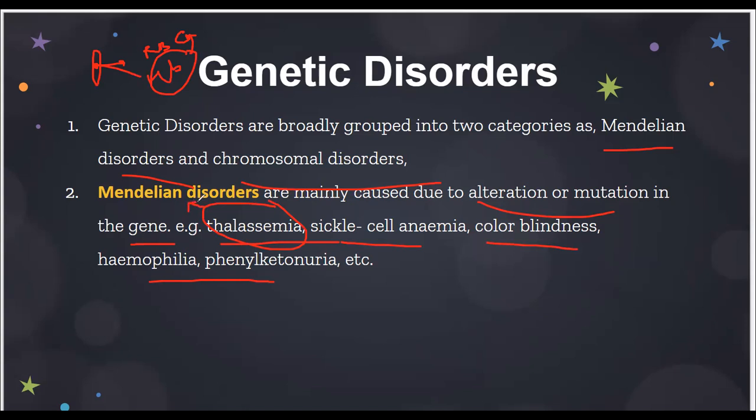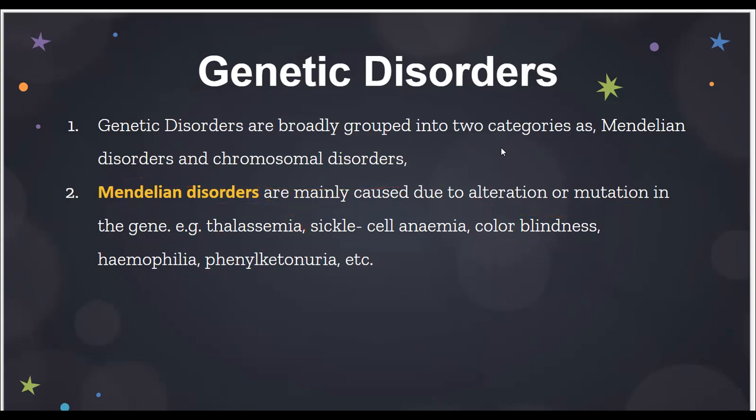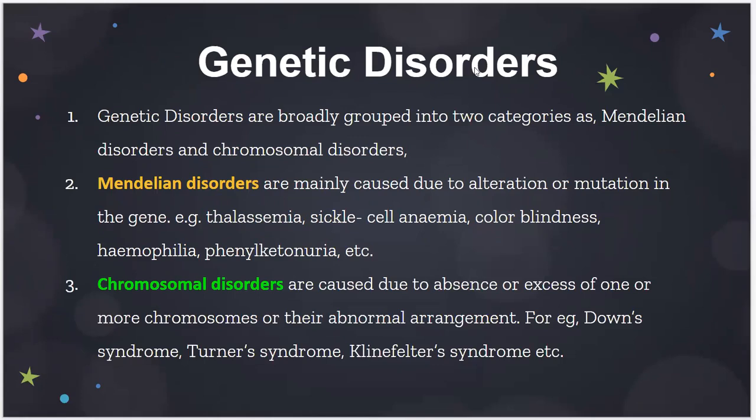Here there is a defect, an alteration or a mutation, that is, the normal gene got altered and some abnormal gene is now there, which will express the phenotype of that particular gene. So these were the examples that we saw. Now what we are going to see in detail is the chromosomal disorders, wherein there is absence or excess of one or more chromosomes.